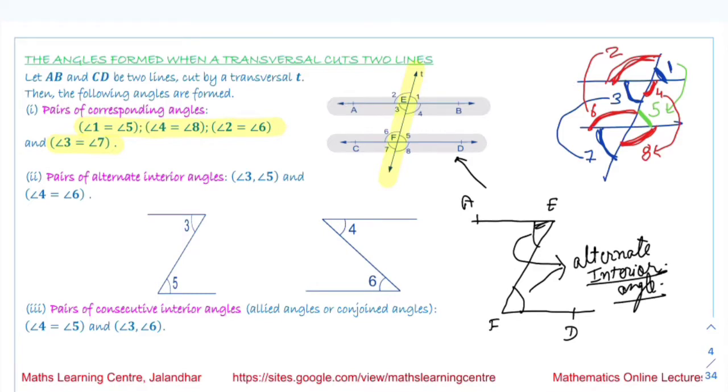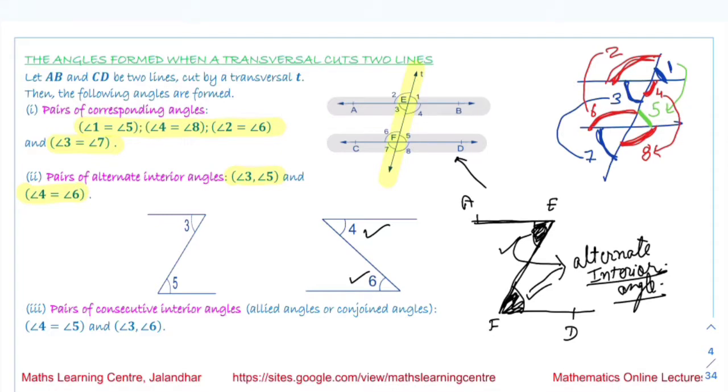Because these are inside the angle AEF. So these two angles are called alternate interior angles. Similarly, angles 4 and 6 are a pair of alternate interior angles. So we have two pairs: 3 and 5, 4 and 6.